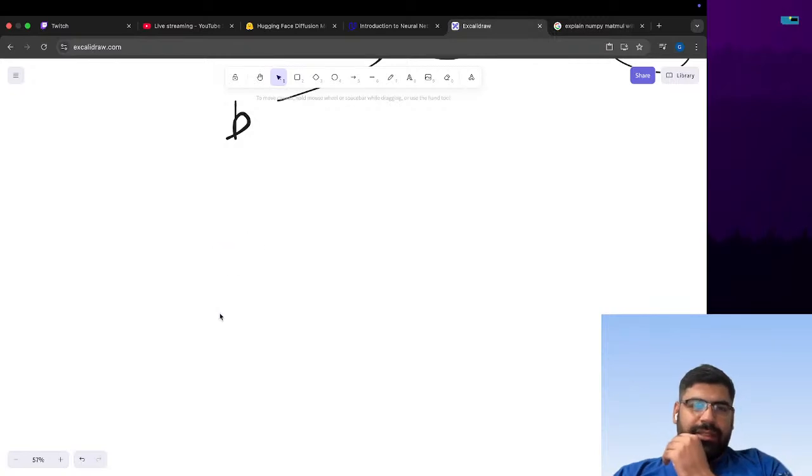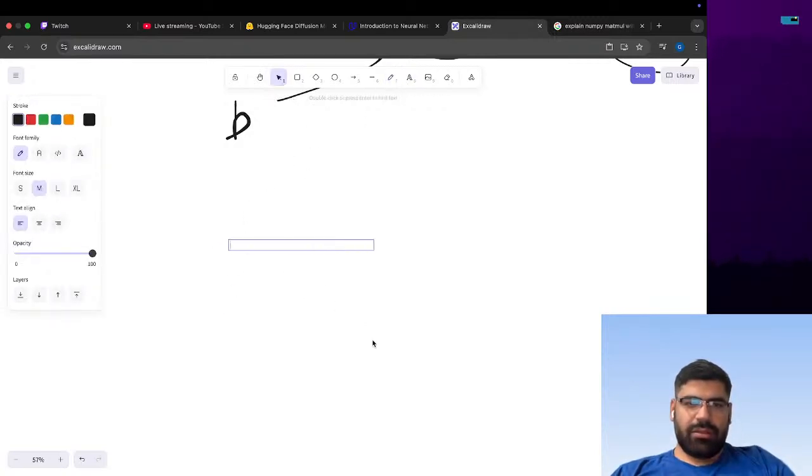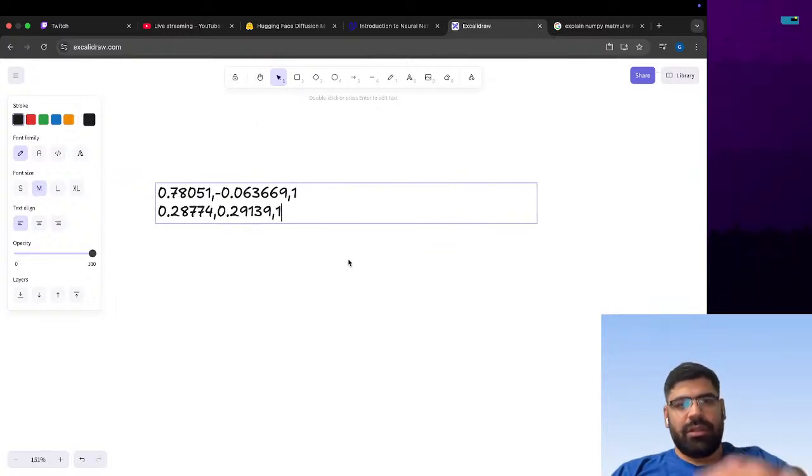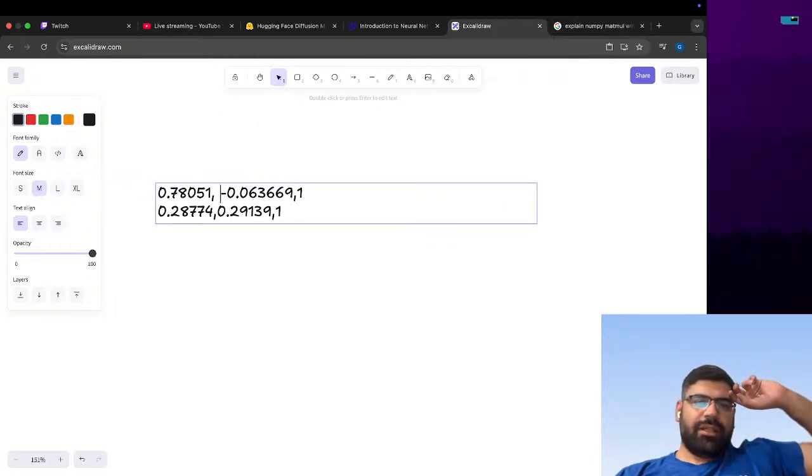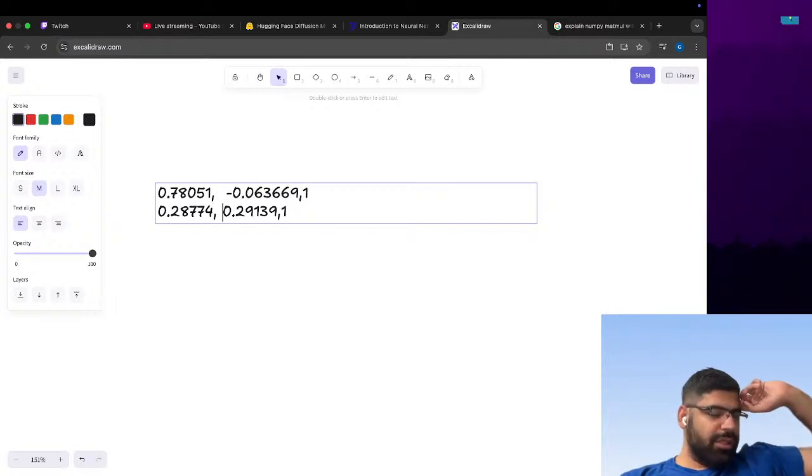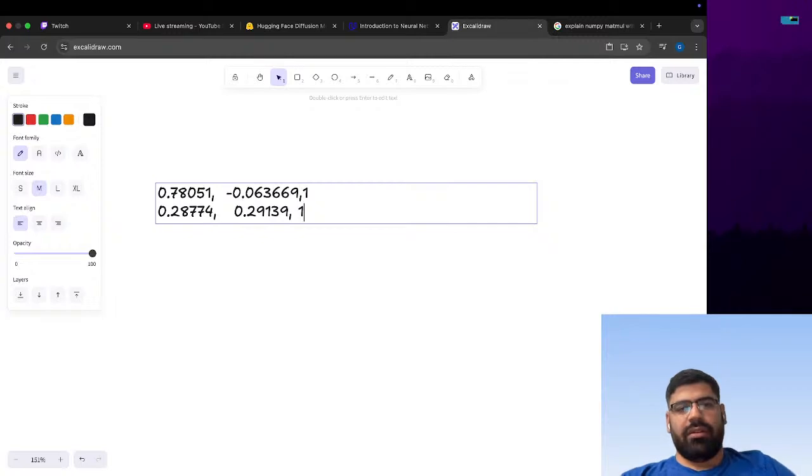We are getting the X coordinates, we are getting the Y coordinates. Yeah, that's better. So we're getting the X coordinates, basically X1 and X2 coordinates, and we are trying like this.